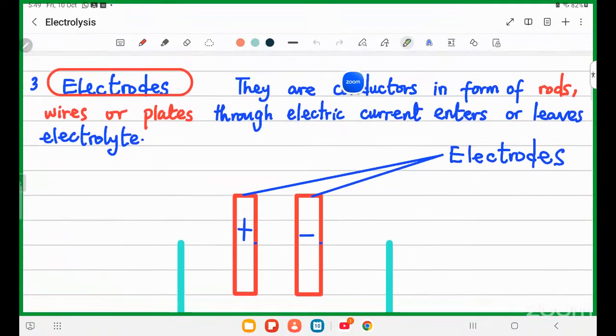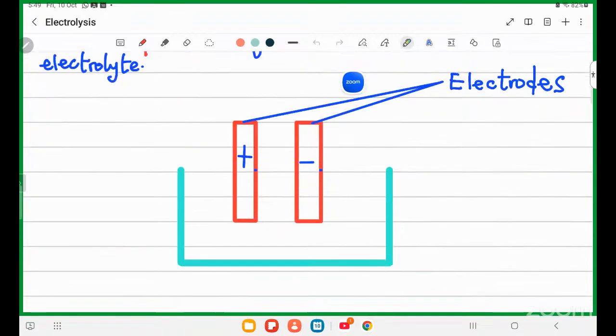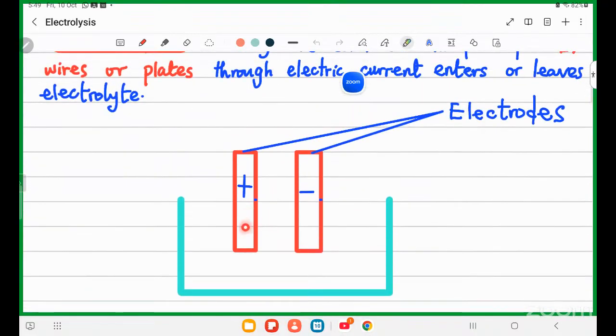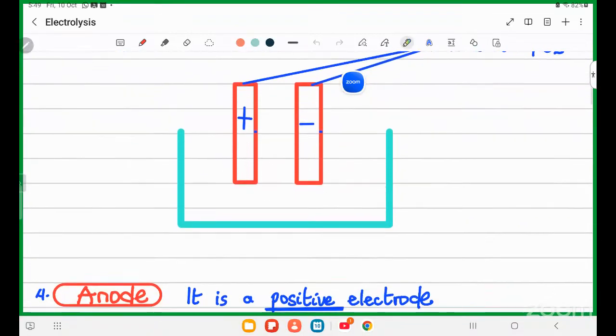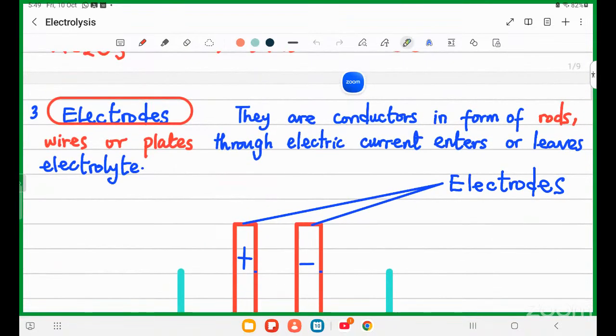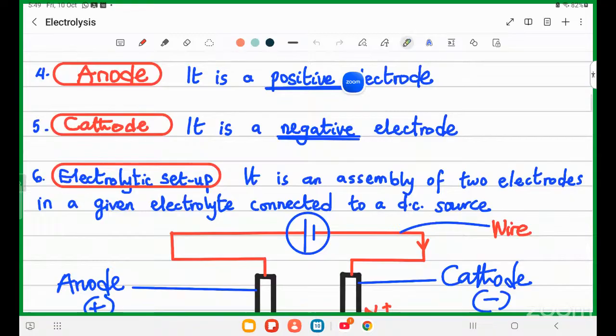As you can see on the screen, these are electrodes. One of them is anode and the other one is cathode. So what are anodes? They are positive electrodes, while the negative are the cathode. Electrodes can be in form of rod, plate, wire, and in them, current can leave or enter the electrolyte.